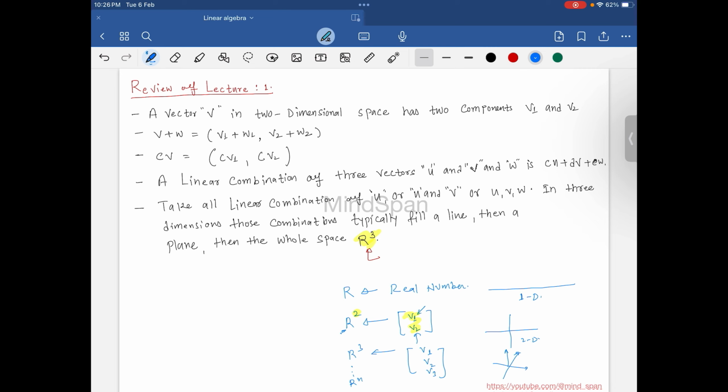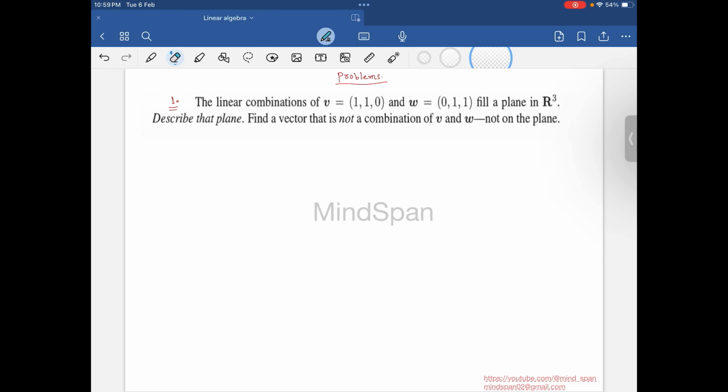Now we will be jumping into the problem that we discussed in the last lecture. Okay, now let's start with a few problems. So let's look at this first problem. The problem is the linear combination of v.